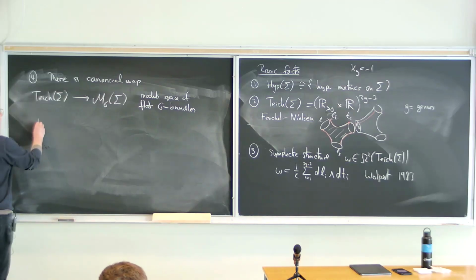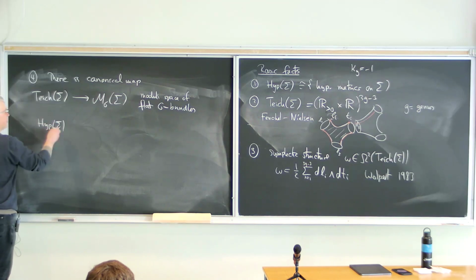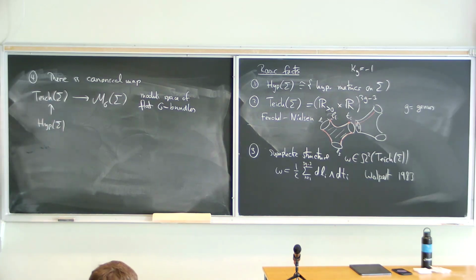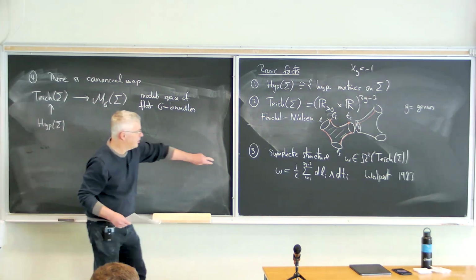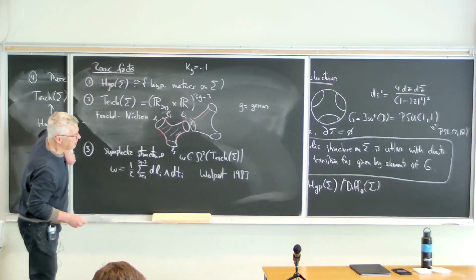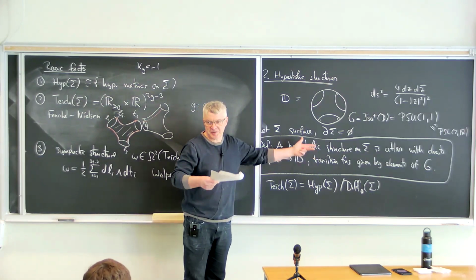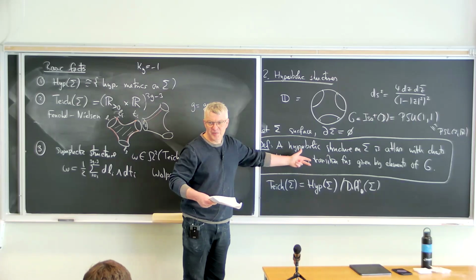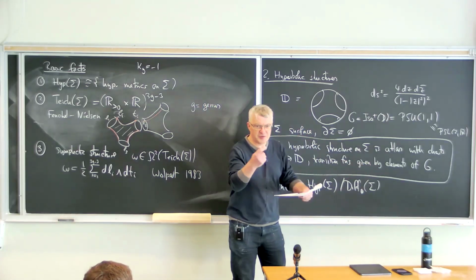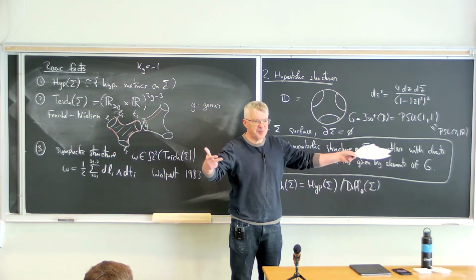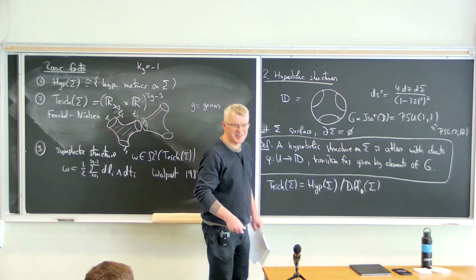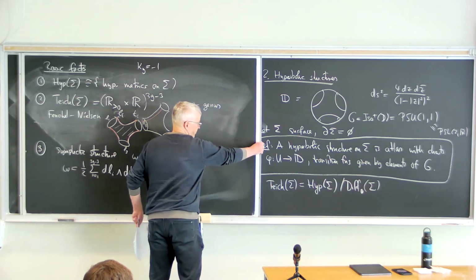It actually comes from a map. Okay. Teichmueller space is a quotient of hyperbolic structures. And actually, every hyperbolic structure determines a flat principal G bundle. If you look back at how we defined it, we said it's given by these charts with an atlas, the transition function is just elements of G. So in some sense, the transition function is just constants. So these elements of G as transition elements, they define a principal G bundle, which is flat. So that's where the bundle comes from.